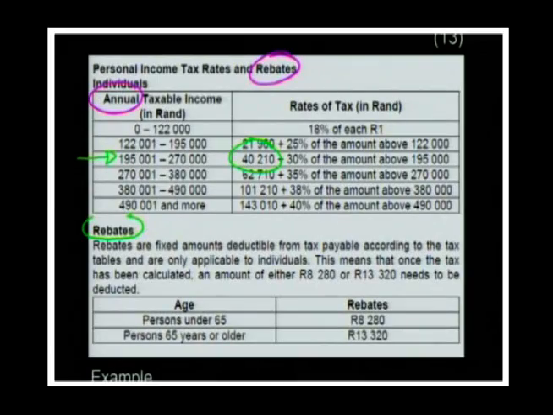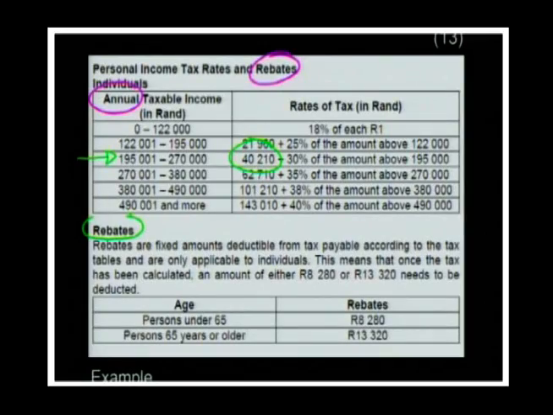So the tax man is going to say, we've worked out your tax, but we're not taking all that money. We are going to take some money away from what you owe us. And here's where the age comes in. If you're under 65, we got to give you a rebate of 8,280 Rand. What a fantastic government.